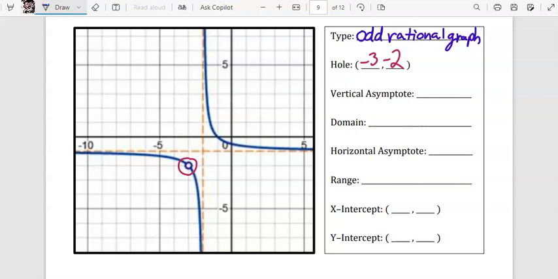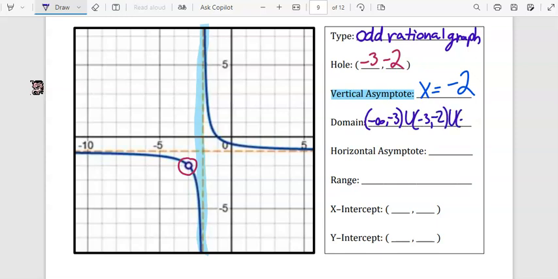For the vertical asymptote, it's going to be this line right here. So x equals -2. And so the domain is all real numbers except -3 and -2. In interval notation, that would look like this: negative infinity to -3, union -3 to -2, union -2 to infinity.